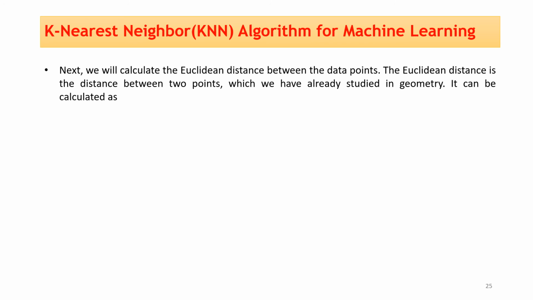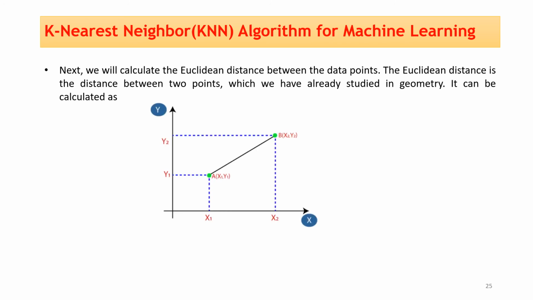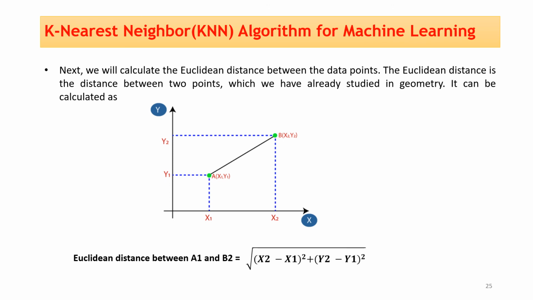The Euclidean distance is the distance between two points, which we have already studied in geometry. Suppose we have two coordinates, A equals (x1, y1) and B equals (x2, y2). The Euclidean distance between A and B is calculated using the formula square root of (x2 minus x1) squared plus (y2 minus y1) squared.